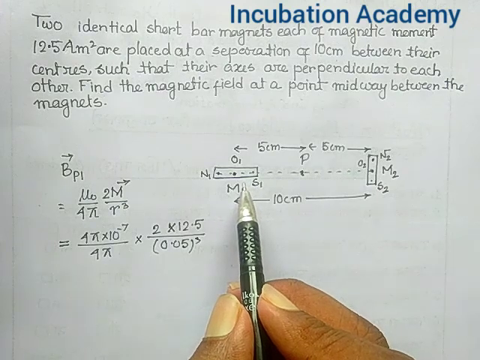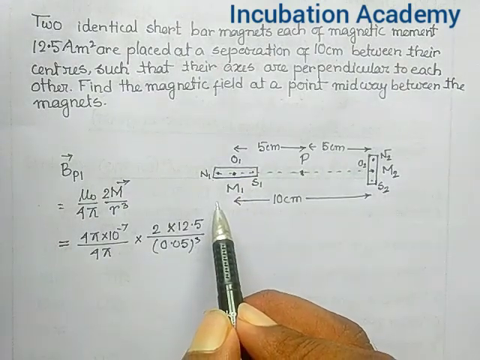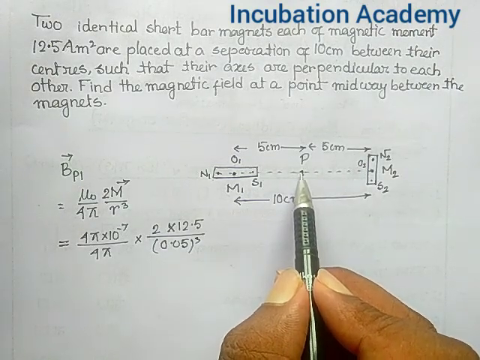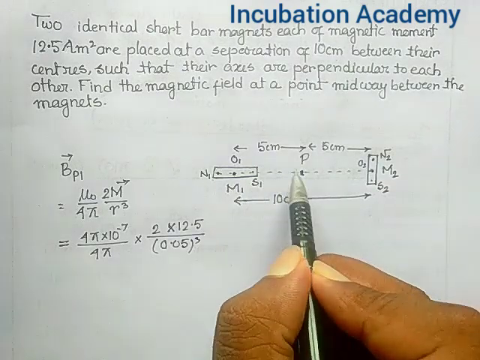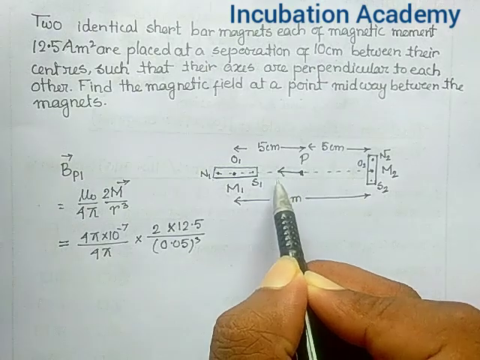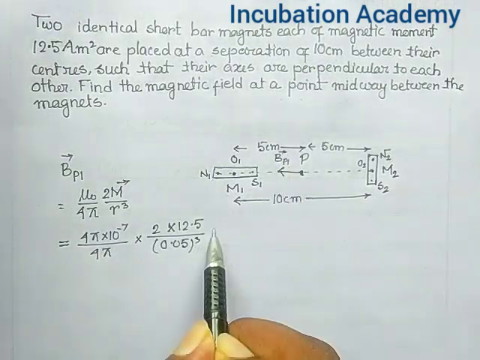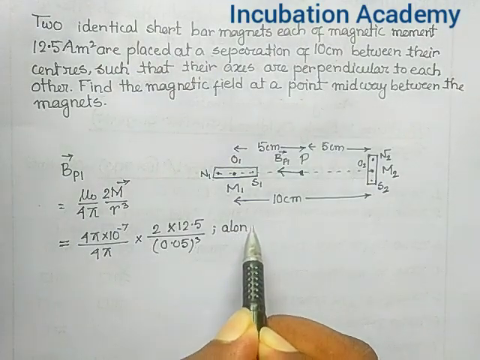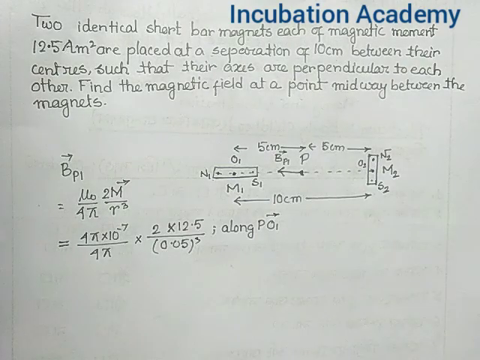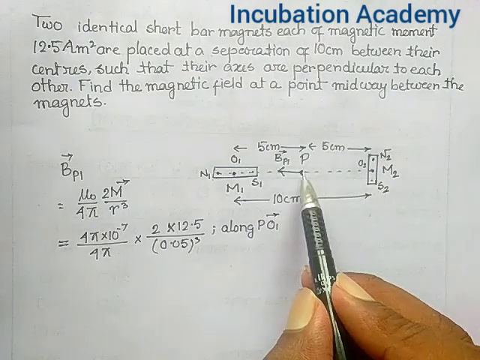The magnetic moment M of the magnet M1 is from south to north. So at the point P, the magnetic field due to this M1 is also along the same direction as the magnetic moment, that is from south to north. So we can say this is the direction of BP1. So we can say it is along PO1 vector.